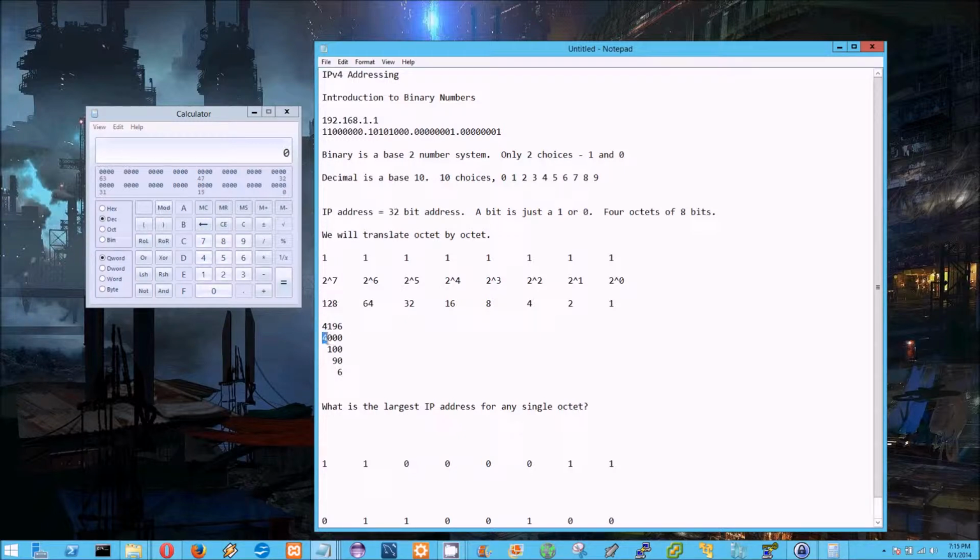You see that your 4,000, your place is to the left, and your smallest one is to the right. Well, same thing here. So that's why we start from this side, because you're reading it this way. You're reading from left to right, biggest to smallest, but you need to start to populate this from the smallest to the biggest. You can do it the other way, but that's just how I was taught.